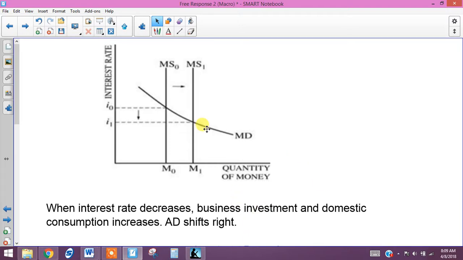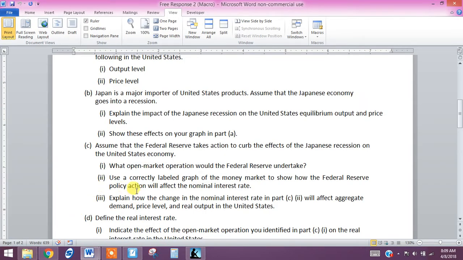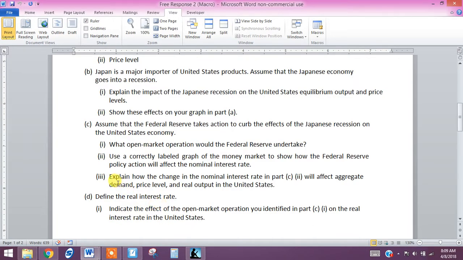Now that's your graph, and we want to talk about business investment and domestic consumption, because part 3 asks you to explain how the change in the nominal interest rate in part C2, which you've shown on your graph, will affect aggregate demand, price level, and real output in the U.S. You don't have to draw your aggregate supply and demand graph again.